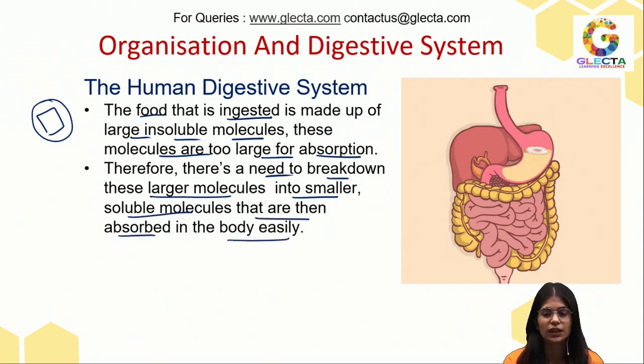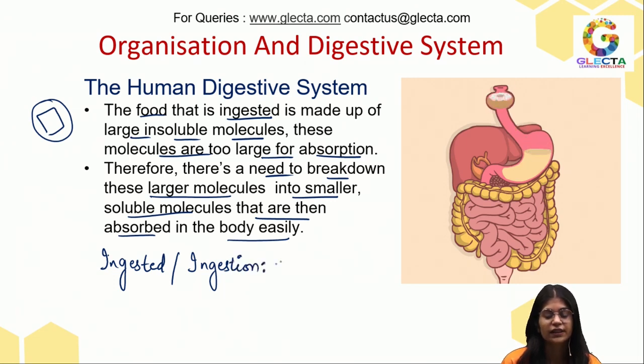So what they're saying is that whatever you take in would be broken down in your body. Now here there's a word which is known as ingested, or if you're talking about the process, ingestion. This is the word used for taking in of the food.